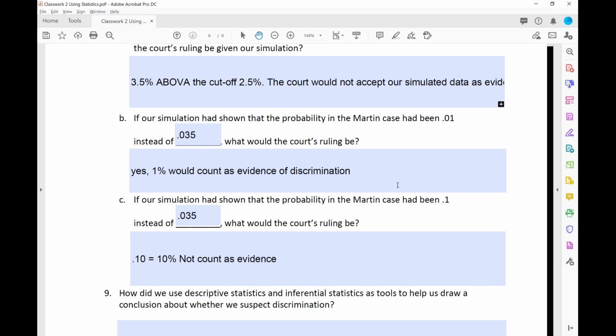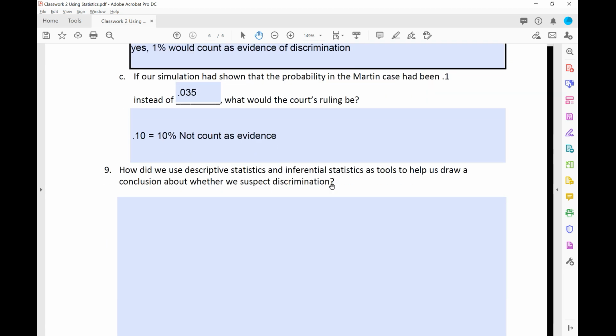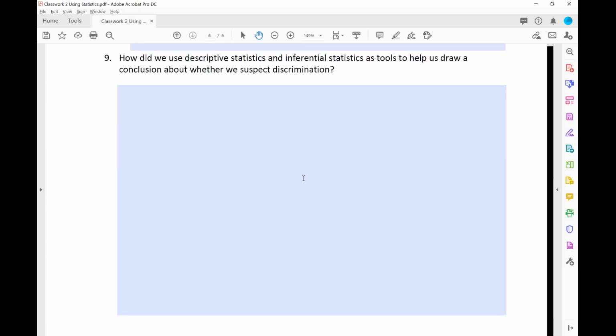Okay. So finally, let's tie this classwork back to our guided notes with number 9. So how did we use descriptive statistics and inferential statistics as tools to help us draw a conclusion about whether we suspect discrimination? So remember, descriptive statistics simply describe a sample. So we really used one very important descriptive statistic, the mean, many, many times in this situation, right?